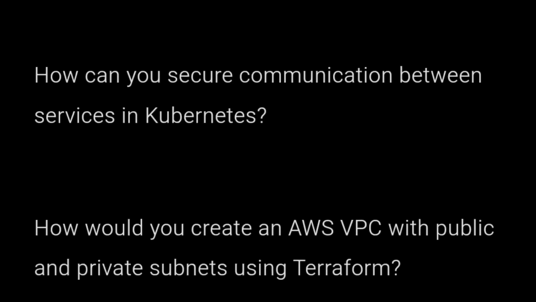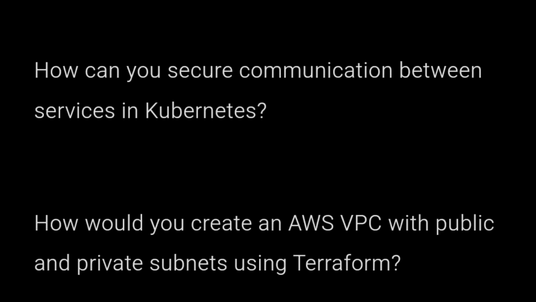And the next question was, how do you secure communication between the services within Kubernetes? First thing, we can use an Ingress, so we can expose the services externally without needing a separate load balancer for each service.